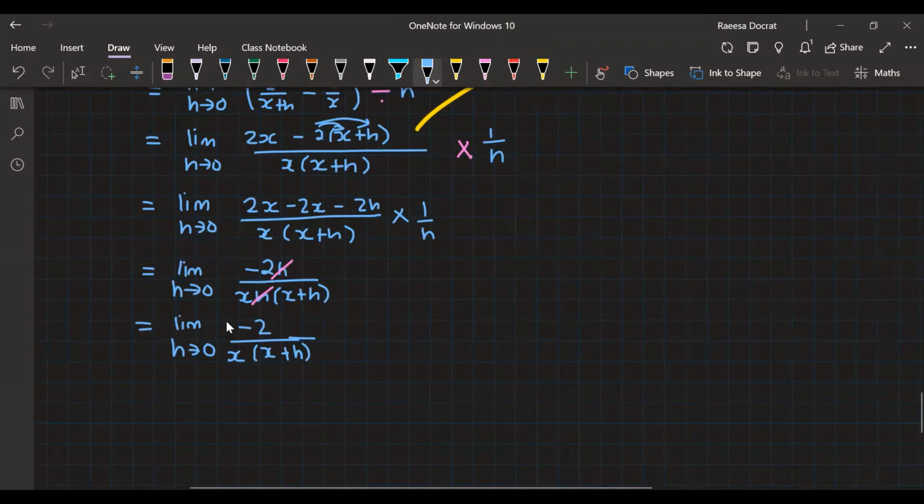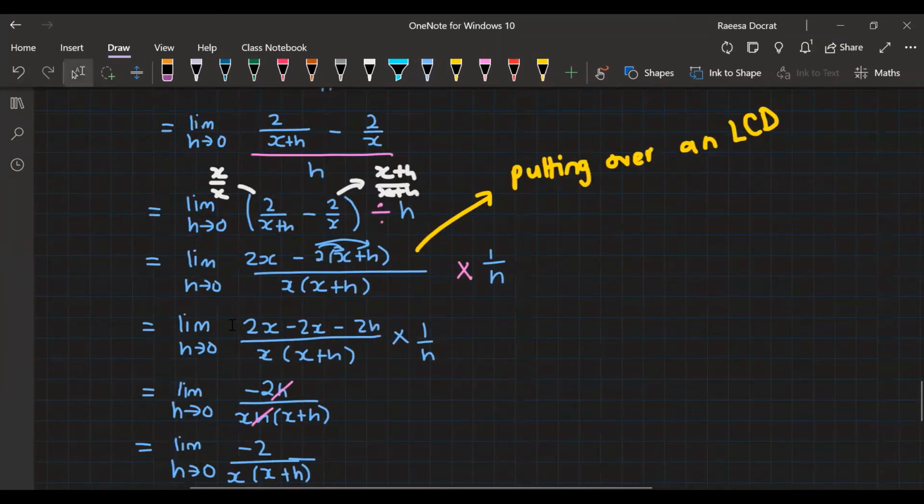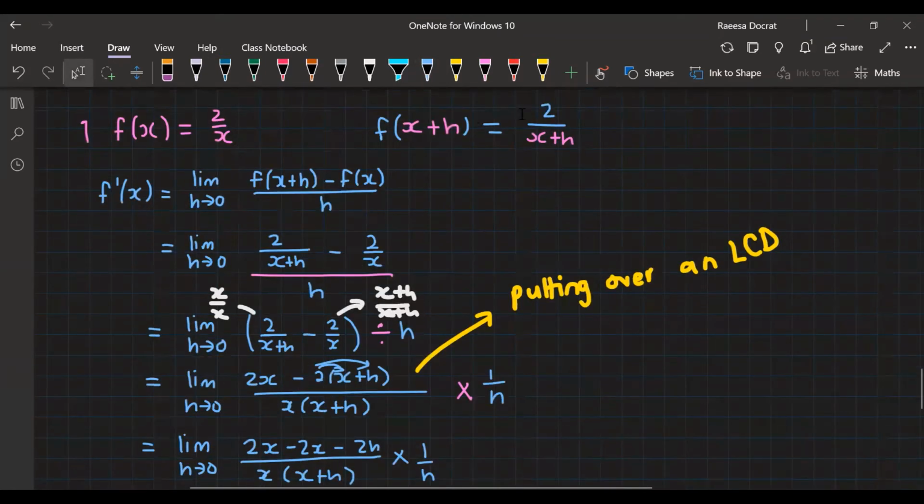Now I'll let h become 0. So this here is minus 2 over x times x plus 0, which simplifies to minus 2 over x squared. And that is then the derivative. For this example, pay careful attention.